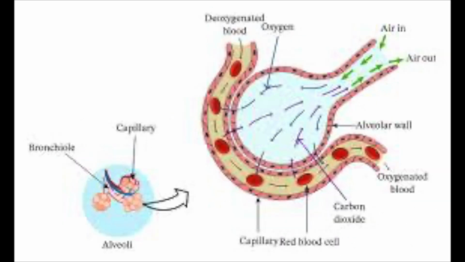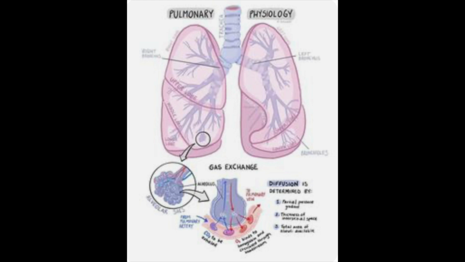There are 750 million alveoli and capillaries running side by side. And the capillaries take oxygen from the alveoli and they exchange carbon dioxide into the lungs.